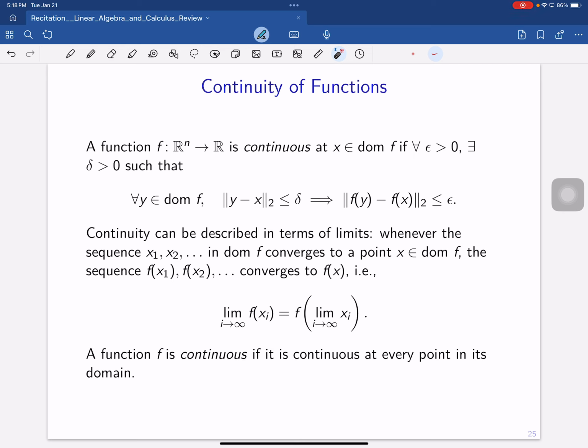So let me give a very quick review of this notation here, right? So the way you want to define a continuous function, right? Of course, intuitively, how do you show a function is continuous or not?